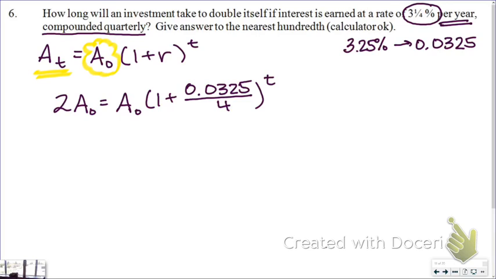So the first thing I'm going to do is divide out the A sub 0. I should also make a note here that at this point, because this is a quarterly rate, time is being measured in quarters.